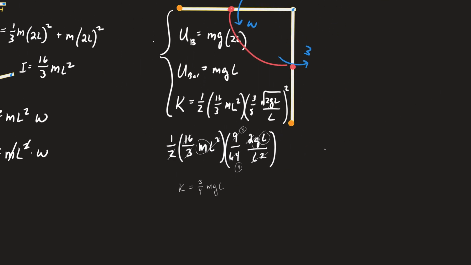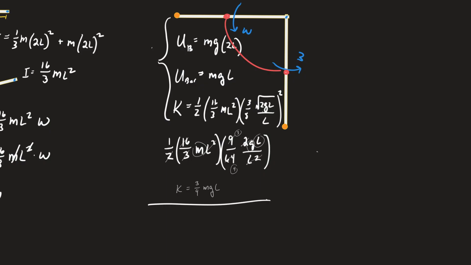In fact, if I just add all this up right now, I'll have 2 plus 1 plus 3/4. So let's see. 3 is 12/4. And 12 plus 3 will be 15/4 mgL. That's how much energy the system has just after the collision.